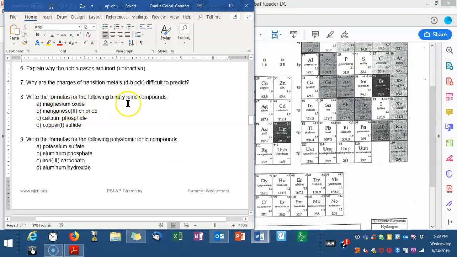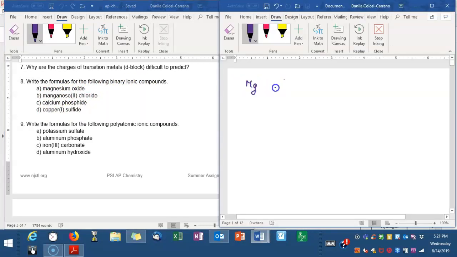Write the formula for the following binary ionic compounds. So magnesium, and then you have oxide. Look at your periodic table. Magnesium has a +2, oxide has a 2-, so magnesium oxide is just MgO. Then manganese. I like to write it like that for myself, let's say.